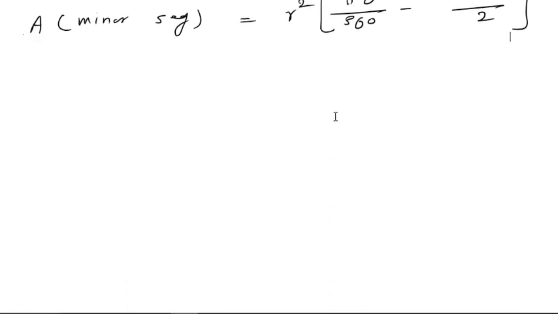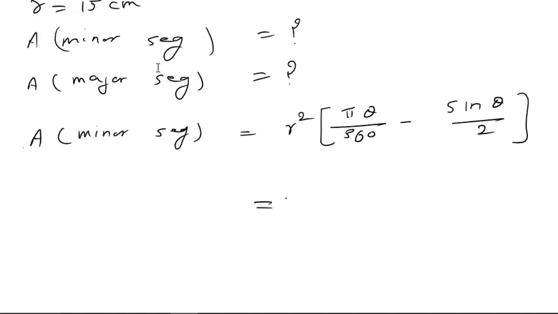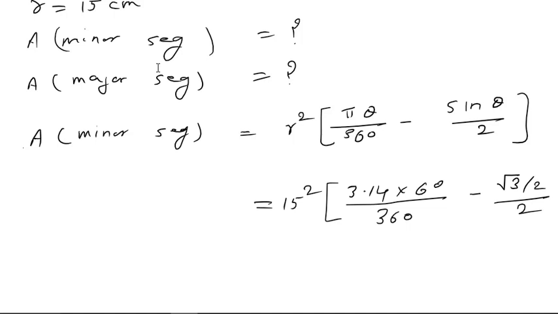So this is r square, value of r is 15, so it is 15 square, value of pi is 3.14 into value of theta. Value of theta is 60 degree. So I will write 60 divided by 360 minus value of sin theta, which is root 3 upon 2, and whole divided by 2. Sin 60 is root 3 upon 2.